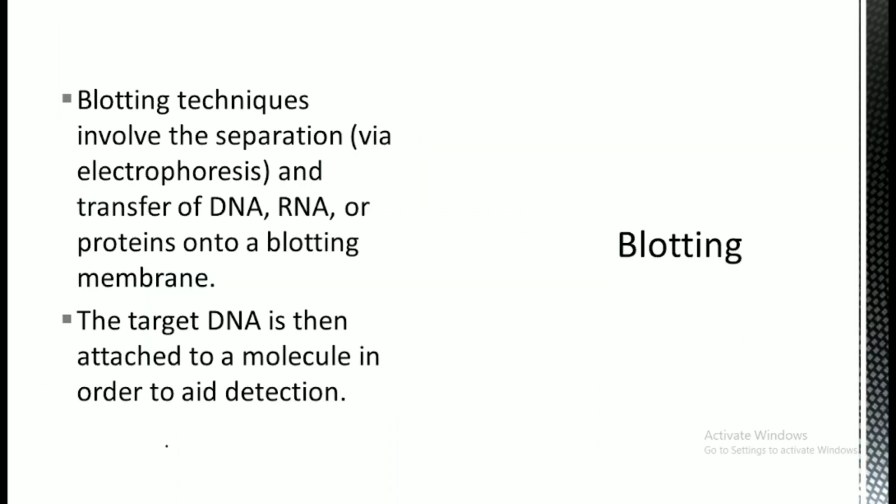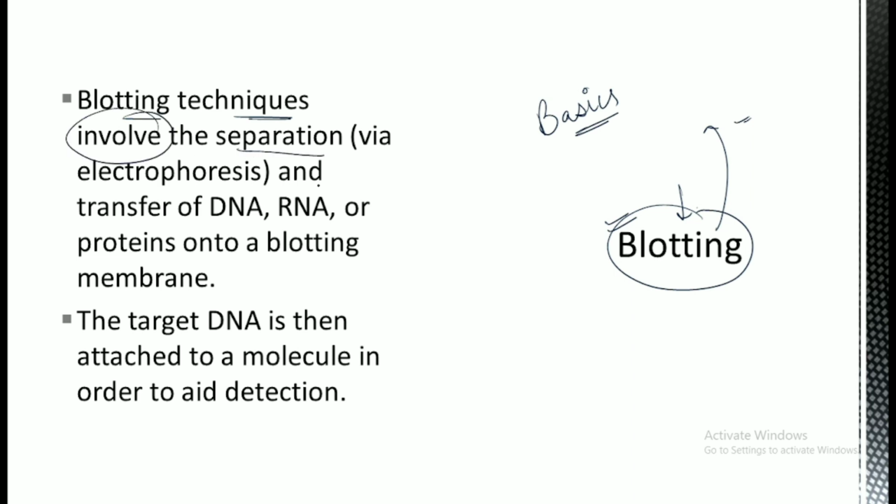Okay, so now talking about what blotting is all about. We have come across this particular term time and again. So first we need to clear our basics regarding the same, and talking about that, what is the actual meaning of it. Blotting techniques involve the separation and the transfer of the DNA, RNA or the proteins onto the blotting membrane.